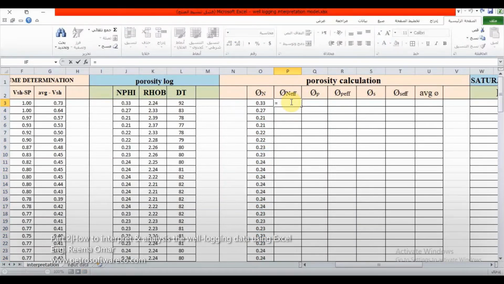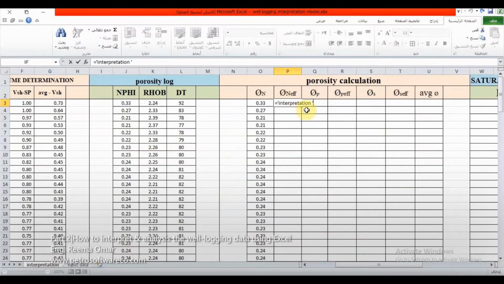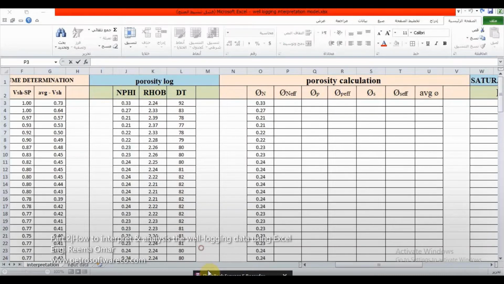Now we'll calculate the effective porosity. For the effective porosity, we'll use this equation. You need total porosity and shale volume. So now you need to estimate the effective porosity.